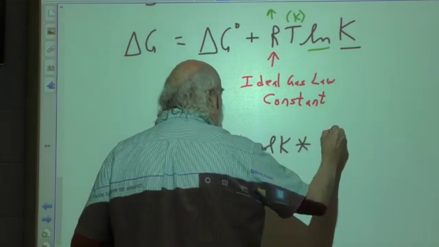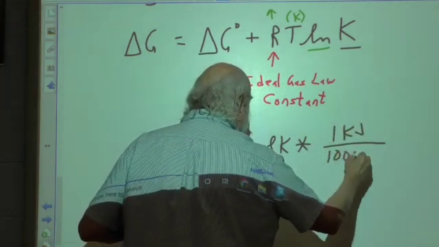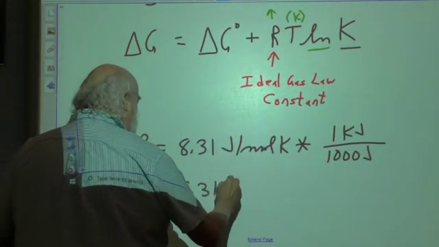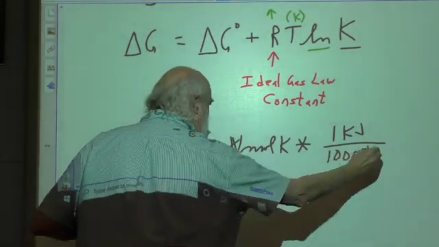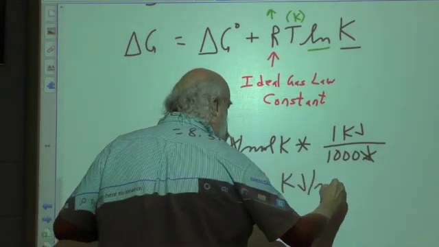So we multiply this by 1 kilojoule over 1,000 joules, and we get a value of 8.31 times 10 to the negative third. The joules cancel out here. So that'll give us kilojoules per mole Kelvin.